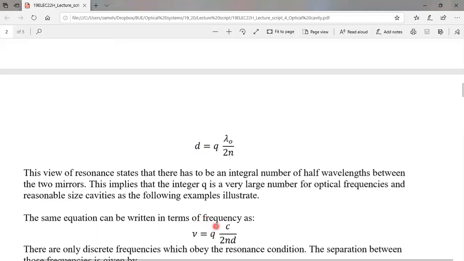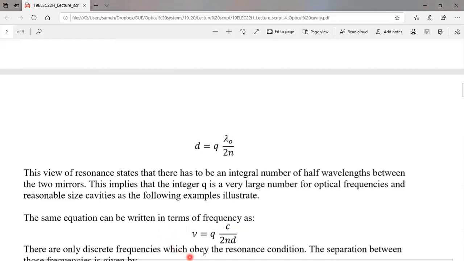So you can put q equal 1, then you will have c over 2nd. You can put q equal 2, so you have 2c over 2nd, or c over nd. You can put q equal 3, then you will have 3c over 2nd. These are the frequencies that can propagate. So simply, you will not be able to see a frequency equal to, for example, 1.2c over 2nd.